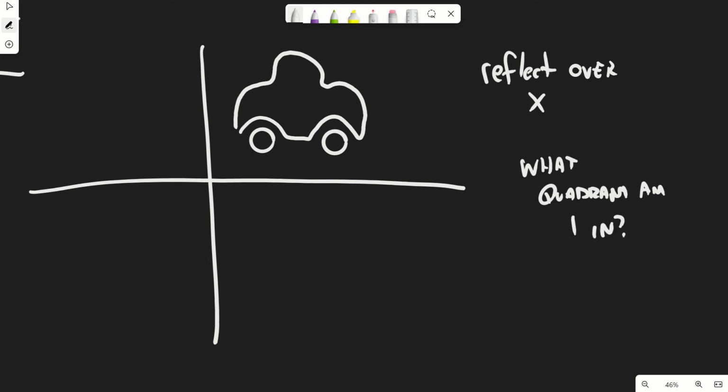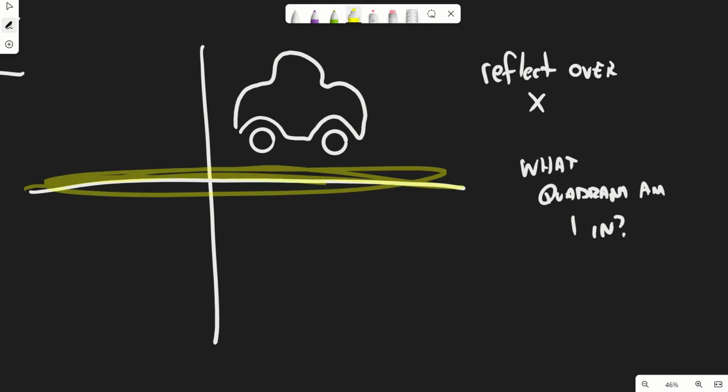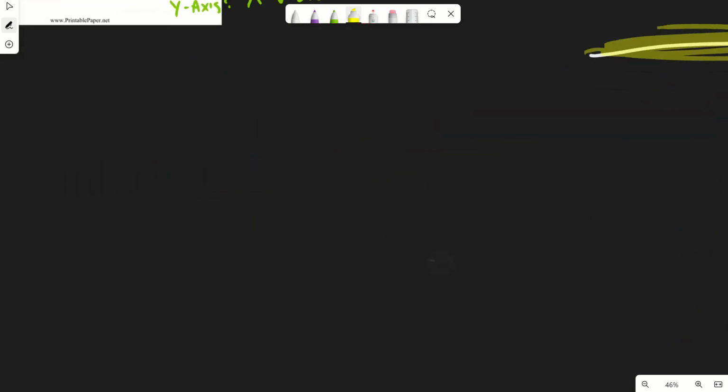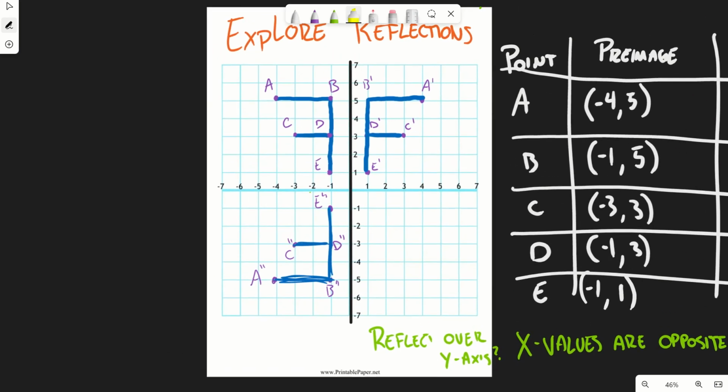What quadrant would I be in if I reflect over the x-axis? Well, this is my x-axis, right? My side to side is my x, so I would reflect over that and end up in quadrant 4. Not floor, that would be silliness.